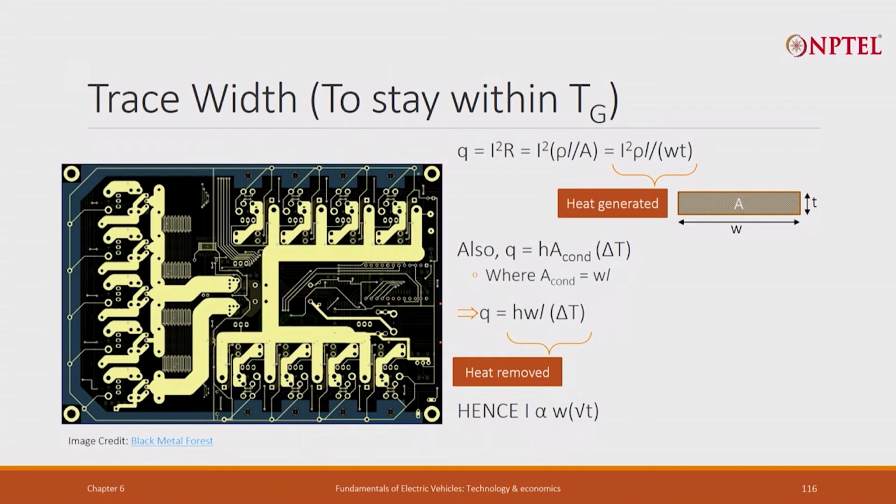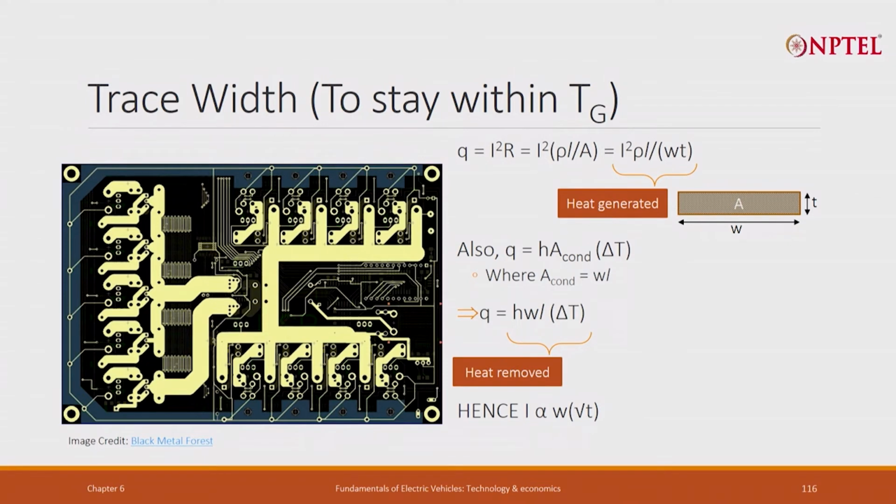Supposing I make the trace thickness double, I make it 70 microns, then what will happen to the trace width? What will the trace width be? I have doubled the thickness of the trace. Before that, I found that a 10 millimeter wide trace was enough to carry the 100 amperes that I want.